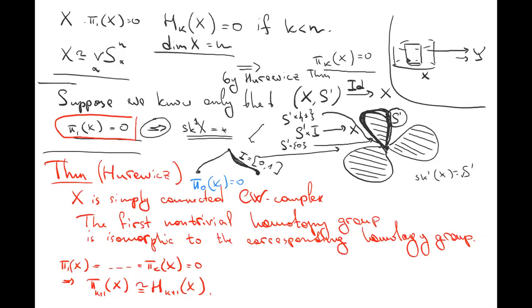I'm not taking the quotient. Indeed, if I take the quotient by the boundary circle, it will be a 2-sphere, and it is not homotopy equivalent. But I can always contract this S1 inside my X.